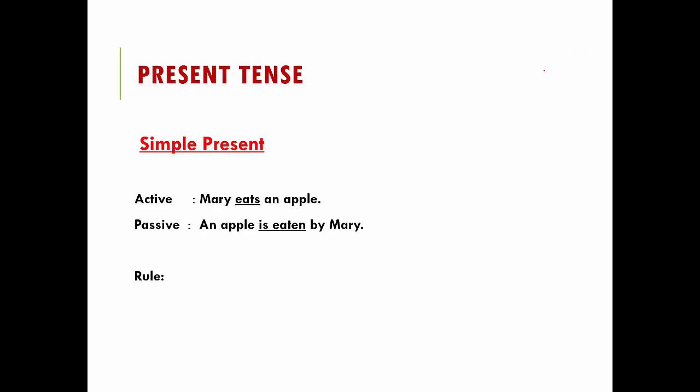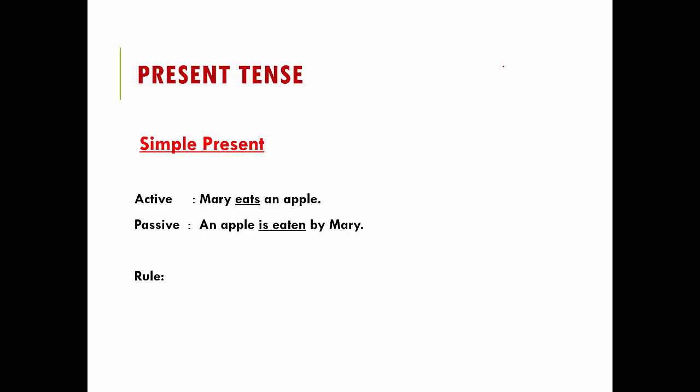Moving on to present tense, it is simple present. In active voice, the sentence reads, Mary eats an apple. Now in passive voice, the sentence will read as, an apple is eaten by Mary. When I say that, then what have I done? What is the rule that I have applied? Here I would like to tell you something.